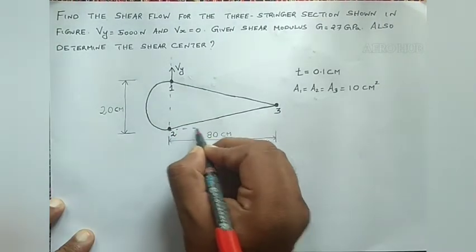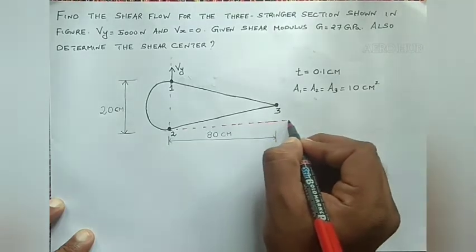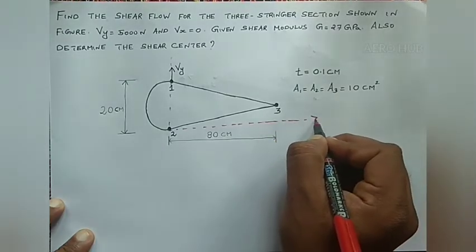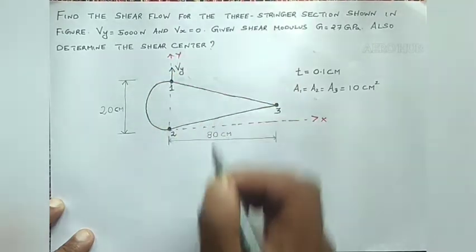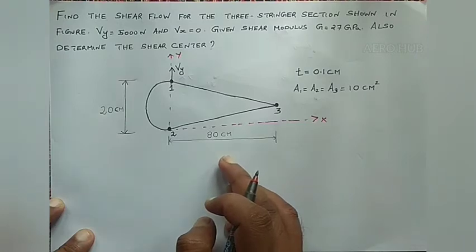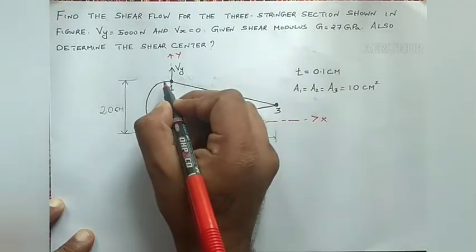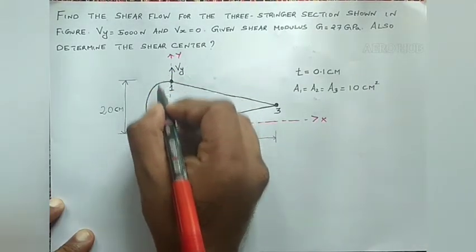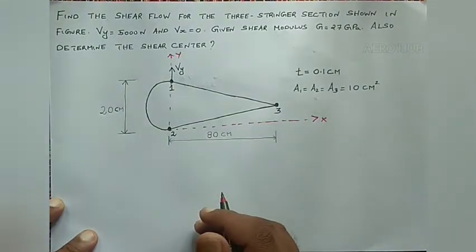This is the reference axis. This is the x-axis, and this one is the y-axis. I have the dimensions already there in the question. I can draw a reference axis from here also, but then I can't find the dimensions for the boom areas.